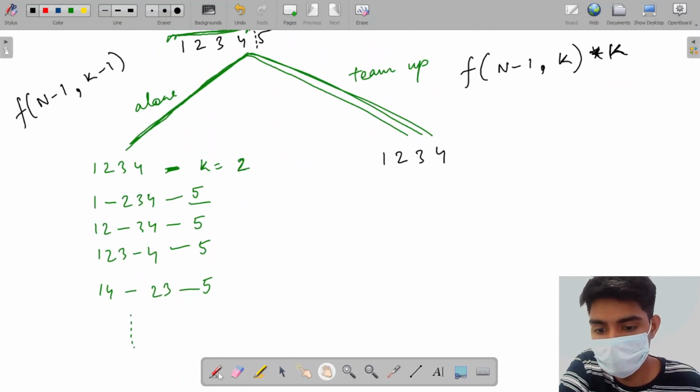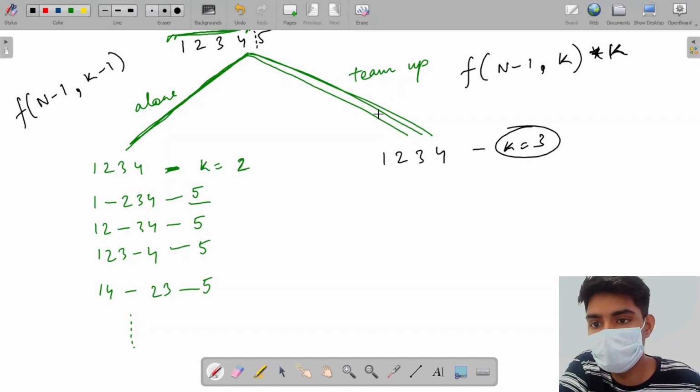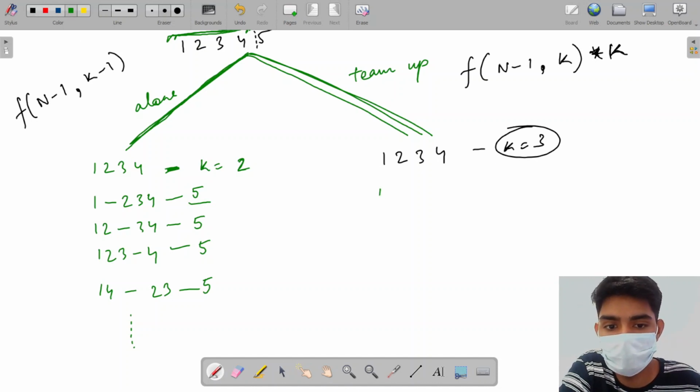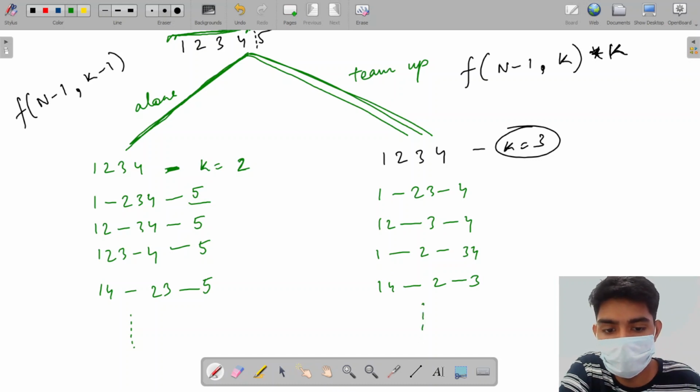So here I would have 1, 2, 3 and 4, and I'm saying that you should divide yourselves into k equals 3 ways, right? If 1, 2, 3 and 4 decide to divide into 3 ways, I would get something like 1, 2, 3 and 4, right? Then 1, 2, 3 and 4, and 1, 4, 2 and 3, many ways like this.